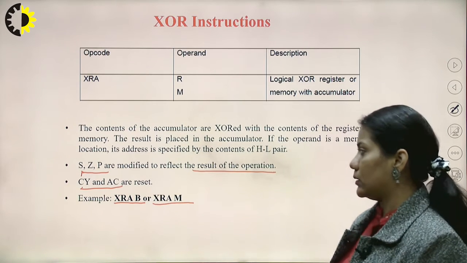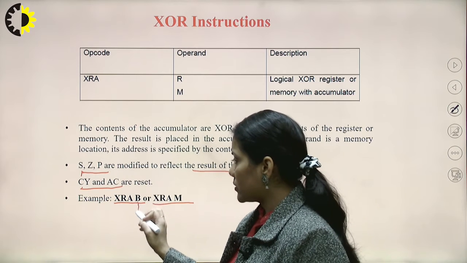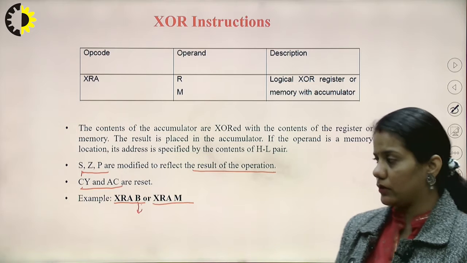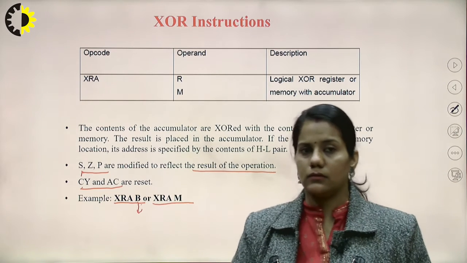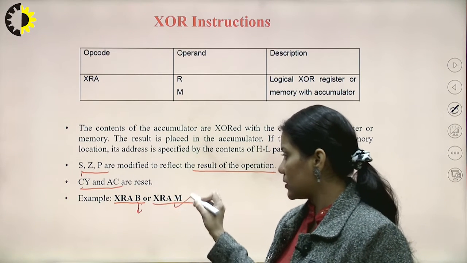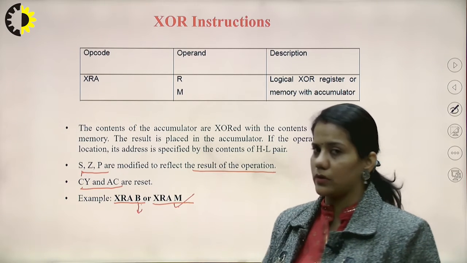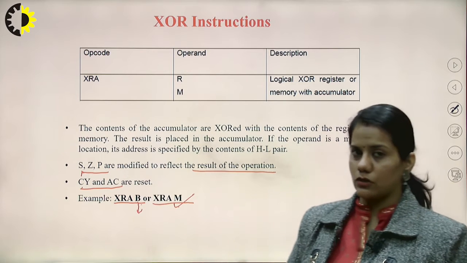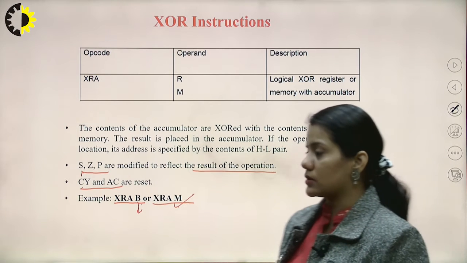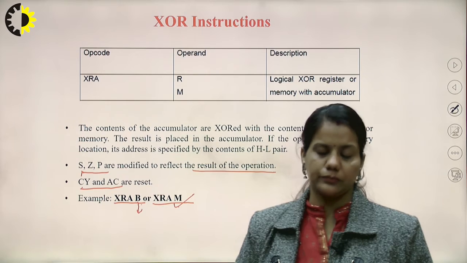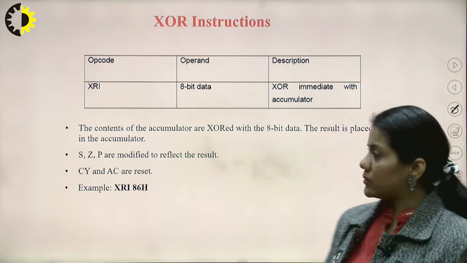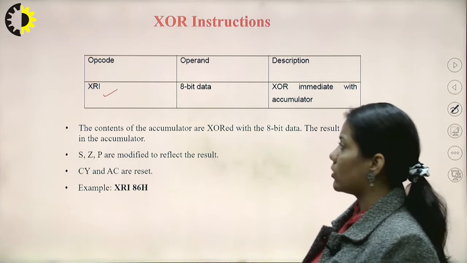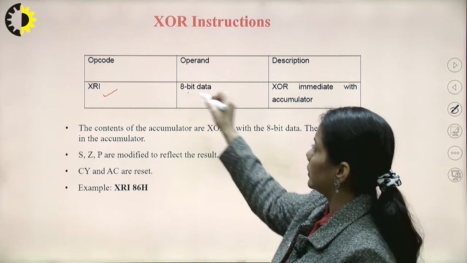XRA B XORs the contents of register B with the contents of accumulator, and similarly XRA M XORs the contents of the memory location pointed to by the HL register pair with the contents of accumulator, and in both these cases the result is stored in accumulator. The next instruction is the immediate addressing mode, again the XOR operation but with immediate data.